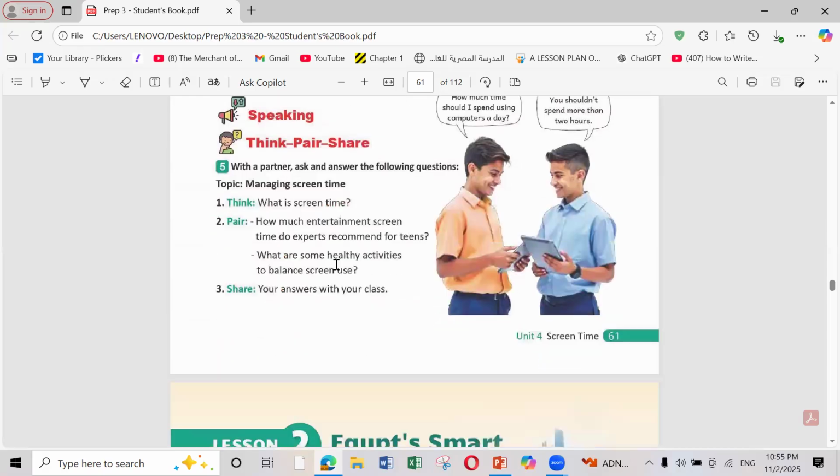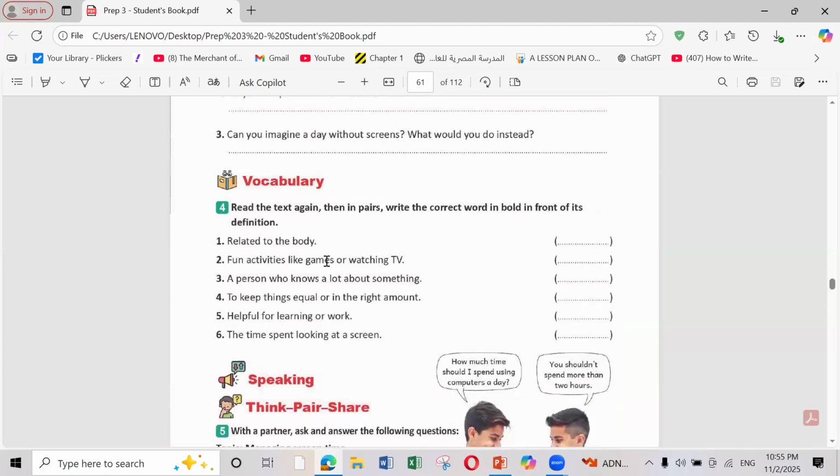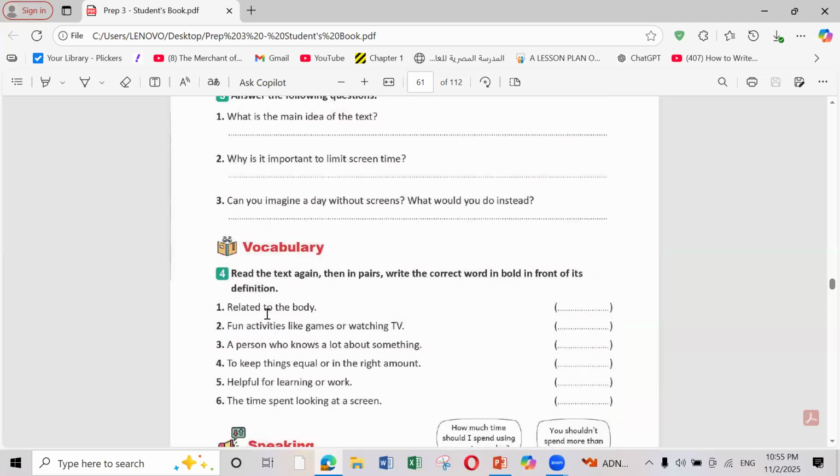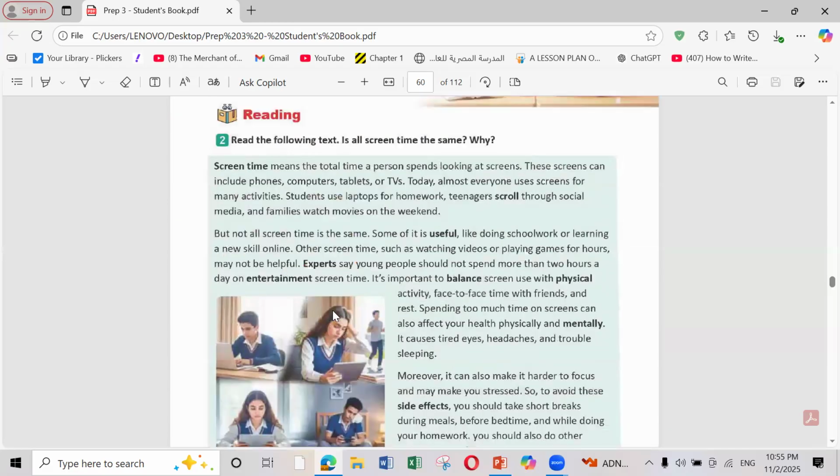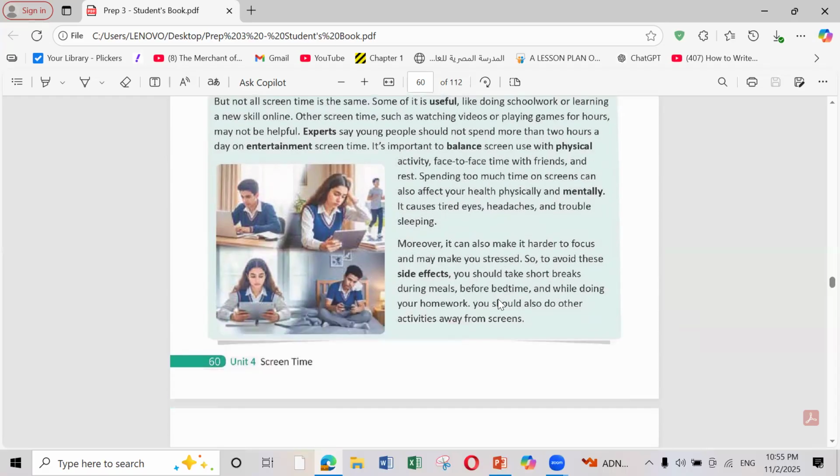You can open them at page number 61 and read the exercise related to the body. Okay, which word written in bold from the text can we match with this definition? Of course, it will be related to the body. It means physical.